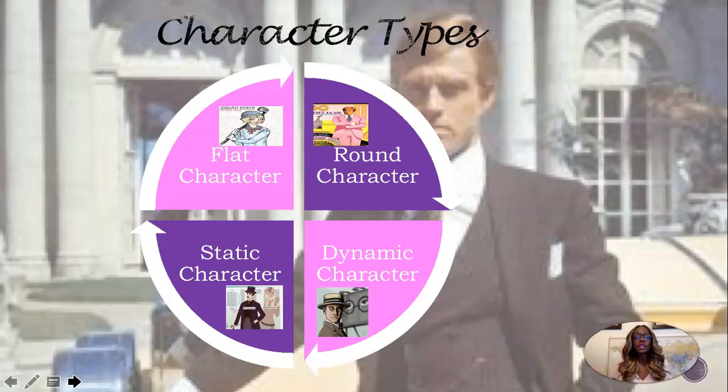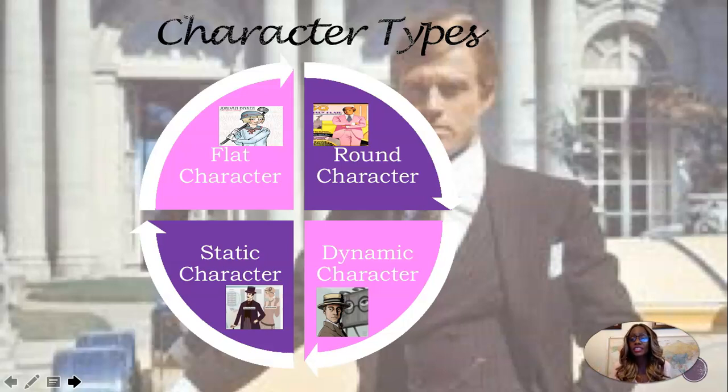So he's a dynamic character. He changes. Then you have a static character, right? They stay the same. They don't change no matter what happens to them. If you think of The Great Gatsby, you think of the Buchanans, Tom and Daisy Buchanan. They don't change. At the beginning, they're self-absorbed. They just want to have a great time. They're reckless.